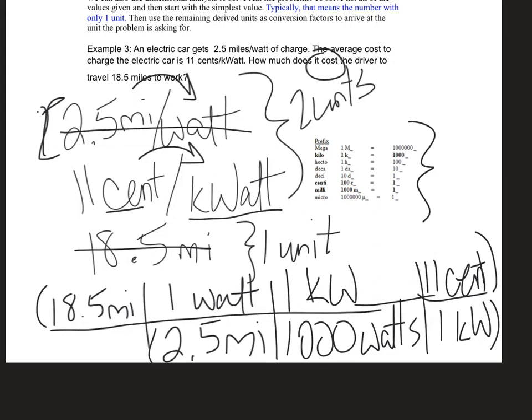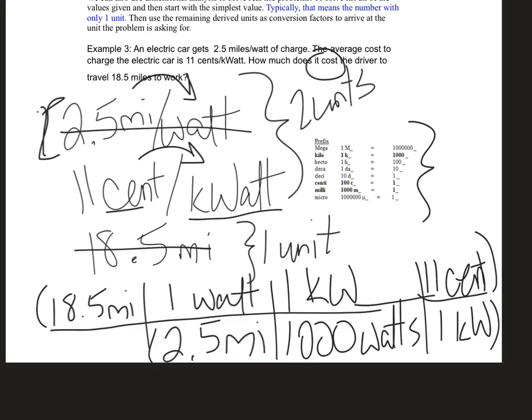sorry, I had to retype something in my calculator real quick. There we go. 18.5 times 1 times 1 times 11, close parentheses, divided by 2.5 miles times 1,000 times 1, close parentheses there.